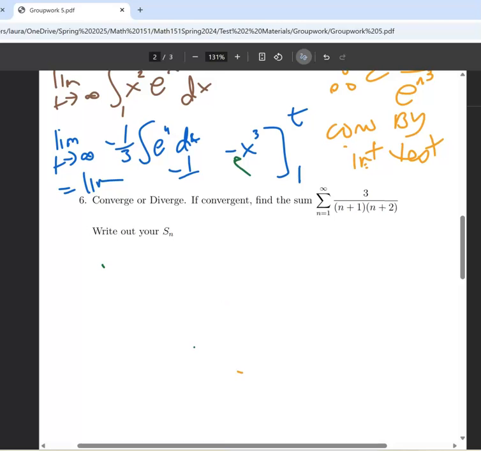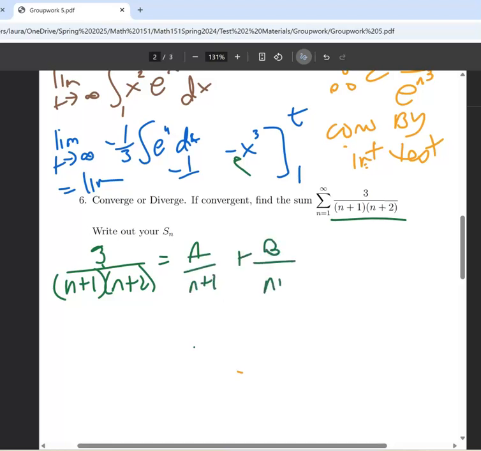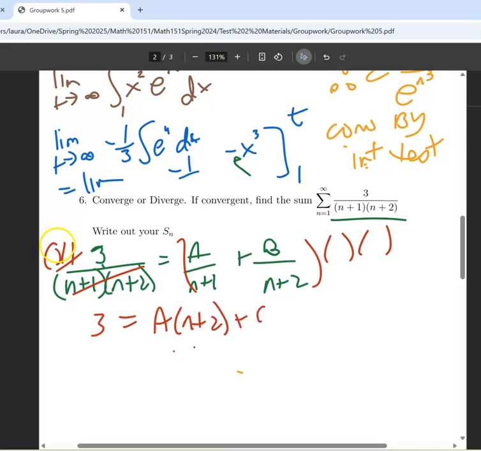So first off, when you see a telescoping sum, you have to start off by doing partial fractions. N plus 1, n plus 2, so you know that's A over n plus 1 plus B over n plus 2. So again, you multiply both sides by this denominator. So I get 3 equals A times n plus 2 plus B times n plus 1.